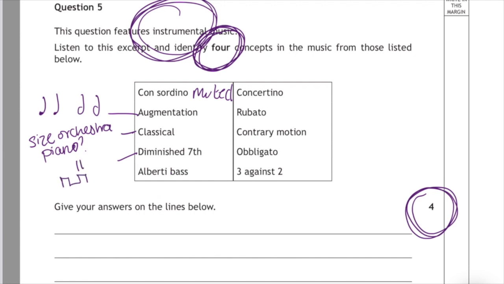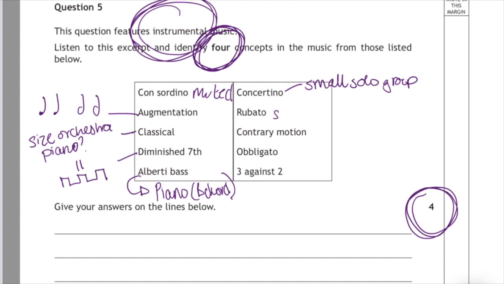How could I do that with a smiley face? Could that be scary rather than sad? Alberti bass, we know, is played on the piano and is a broken chord. Concertino is the small group of soloists. Rubato means slowing down and speeding up. I'm not using great shorthand here. I should be using less words.